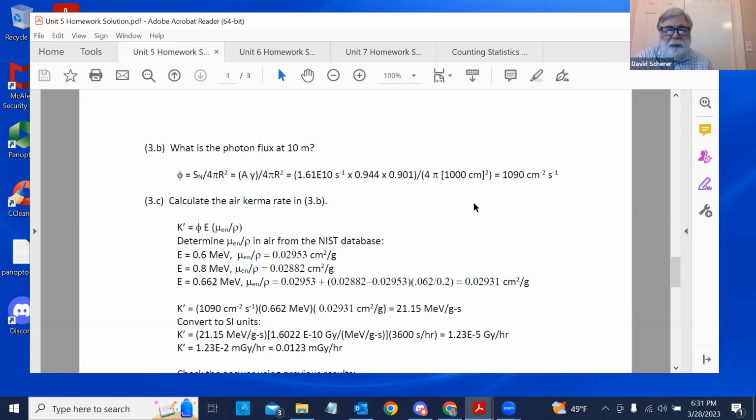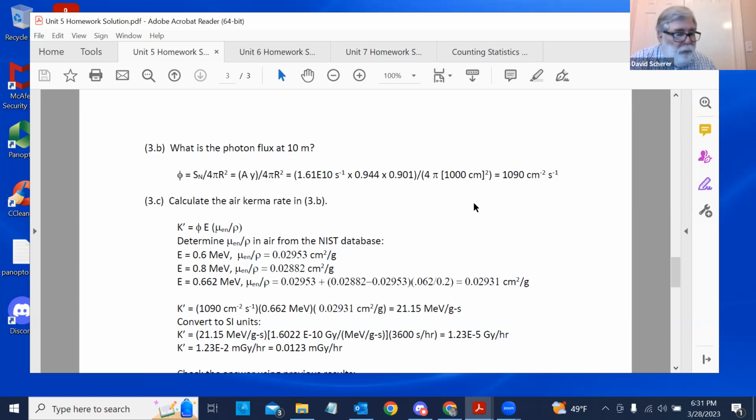Actually, since we're doing it, it would have been 2918, and if I just did the average between them, I got 2931, so it's very close to the same value.